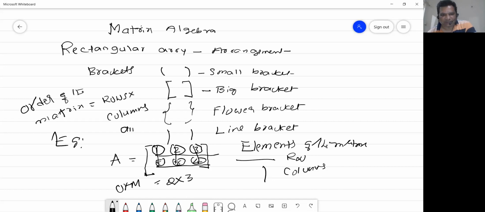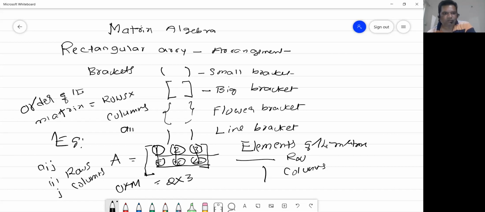A is the element, the first number is the row, and the second number is the column. In general, I define it as a i j. What is i? i is called rows. What is j? j is called columns.